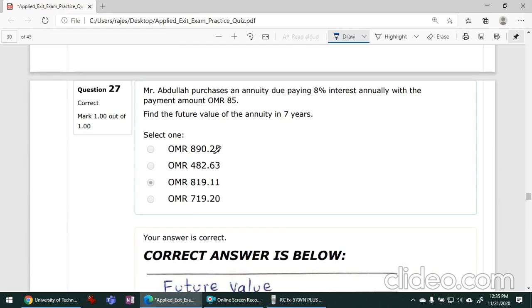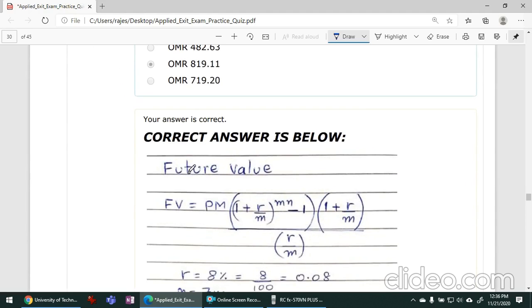Question number 27. Mr. Abdullah purchases an annuity due paying 8% interest annually with the payment amount OMR 85. In this question you have to remember the rule of annuity due. There is a rule for that. Now we will take these numbers from there.